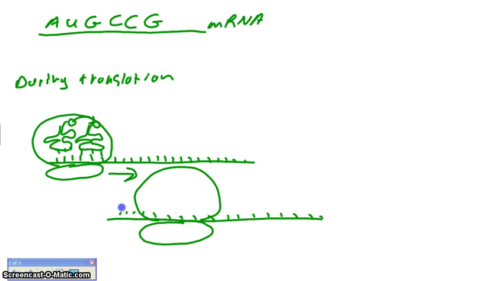And so then this tRNA right here is now outside the ribosome, and it's empty. It doesn't have an amino acid right here. This tRNA right here now has 2 amino acids because this amino acid was transferred onto here.